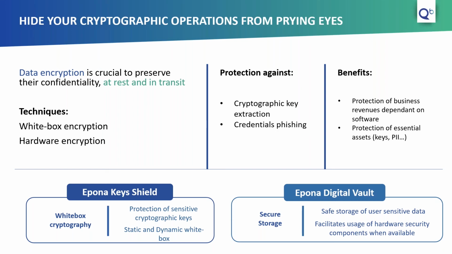The two other pillars of EPona are shown here. One of these is the implementation of white box encryption, which will allow you to encrypt sensitive data in a way that prevents your secrets from being stolen. For those who never heard about white box cryptography, you can see it as a way to obfuscate an encryption scheme. And last but not least, in the department of features, EPona can also propose its EPona Digital Vault, which is well suited to store your sensitive data in a secure way on devices that don't embark the latest state-of-the-art security hardware.